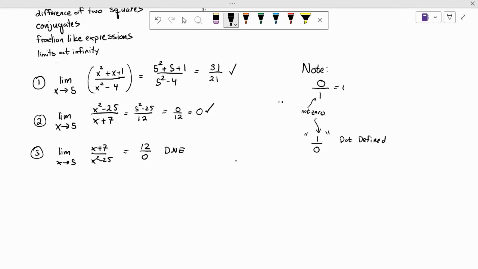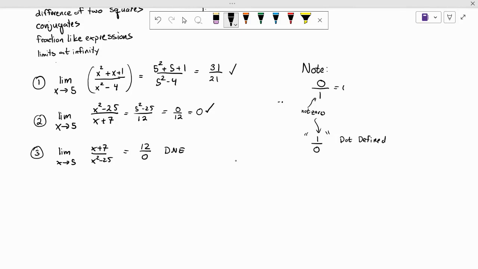So in the homework, question 1 has these 3 basic examples. In one limit, you just get a non-zero number as the limit. In the next part, you get 0 as the limit, and that's valid, since 0 over non-zero is 0.